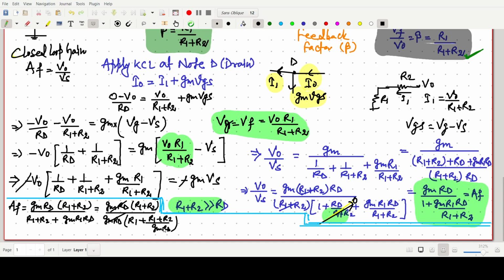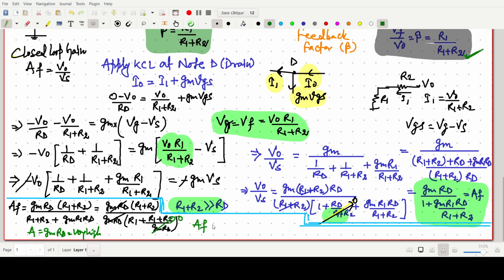And Gm Rd is nothing but simply the open loop gain. So this open loop gain, Gm Rd, the A value. A value is nothing but simply Gm Rd, which is very high. So it is very high, so it should be nearly zero, we can say.